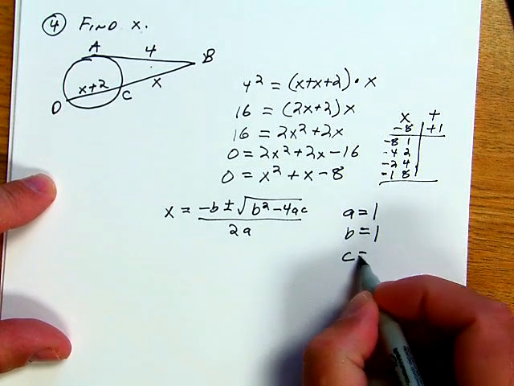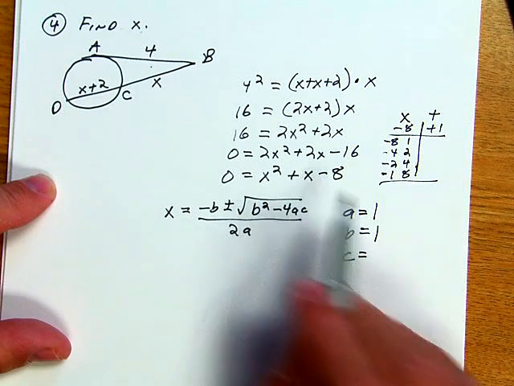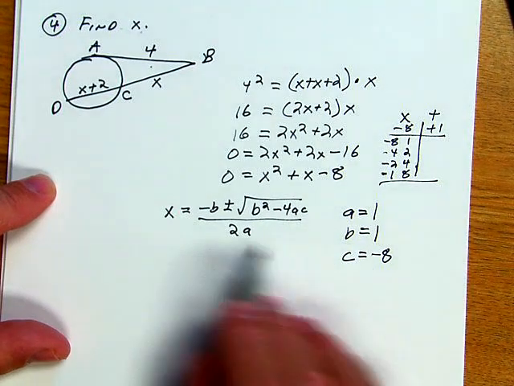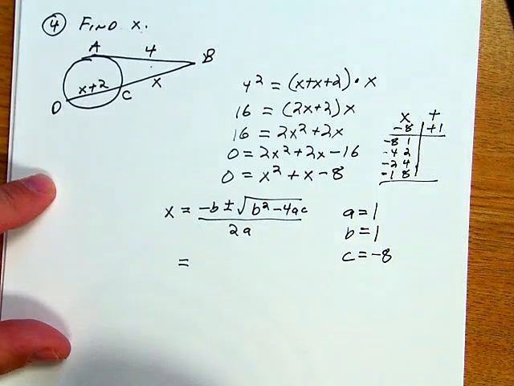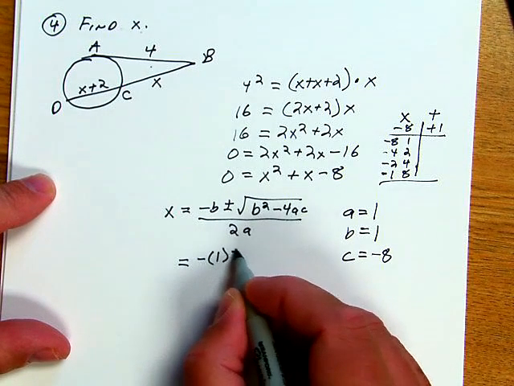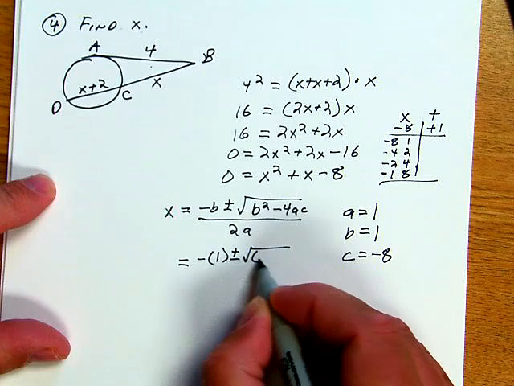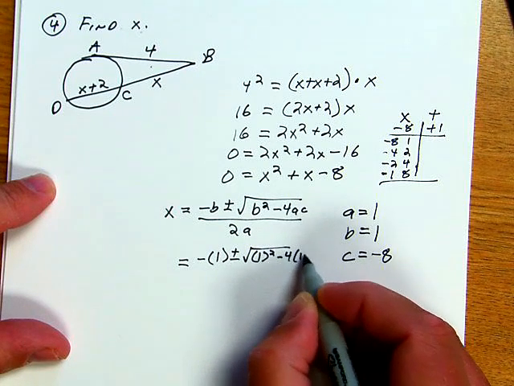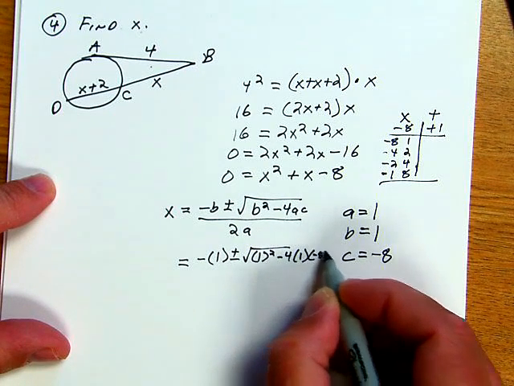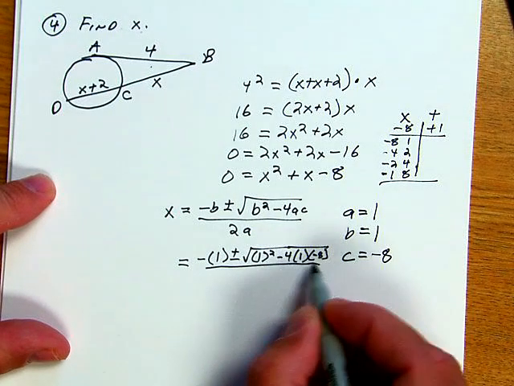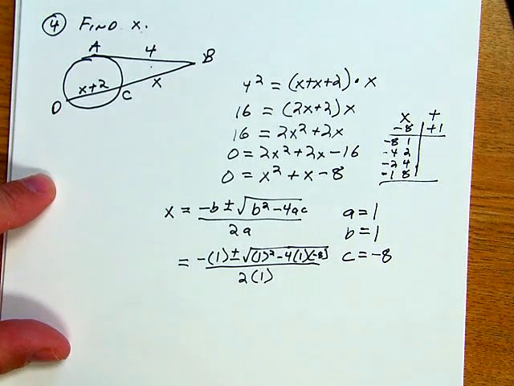And my c value is negative 8, the singular number. So now I just have to plug that in. Negative 1, my b value, plus or minus square root of 1 squared minus 4 times 1 times negative 8, divided by 2 times 1.